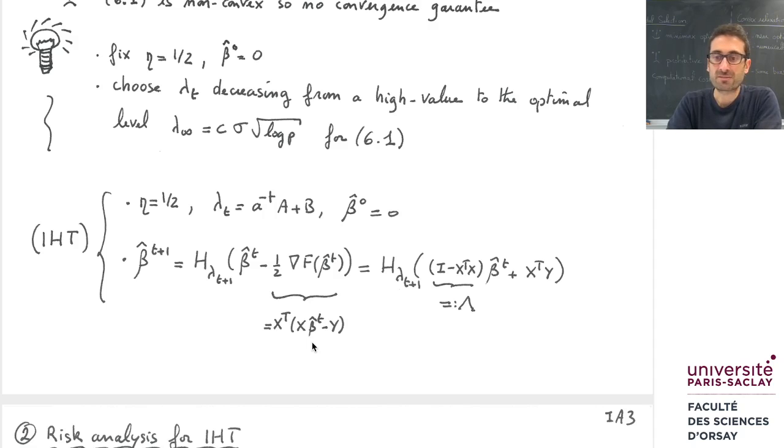So this is the main part of the lecture today, which is to give a risk bound for this algorithm. And before giving this risk bound, I want to discuss a little bit the nature of the analysis that we will do compared to what we have done before, especially, for example, if we compare to the lasso.